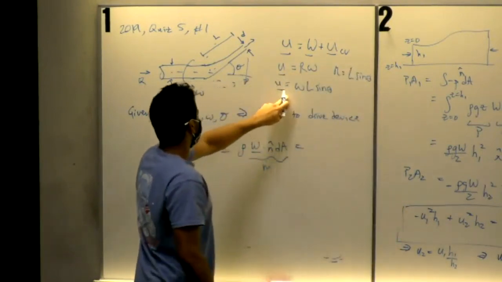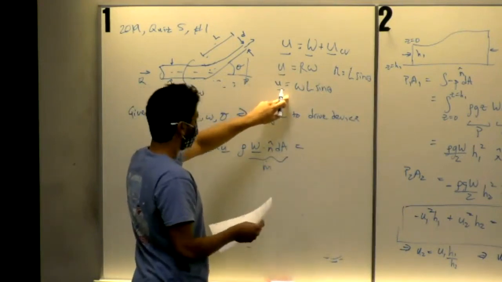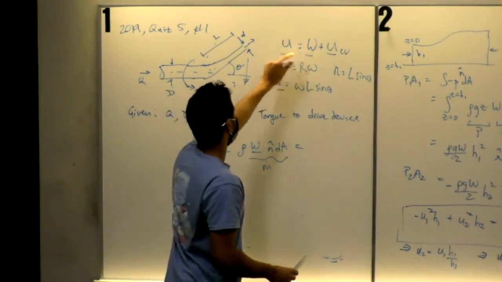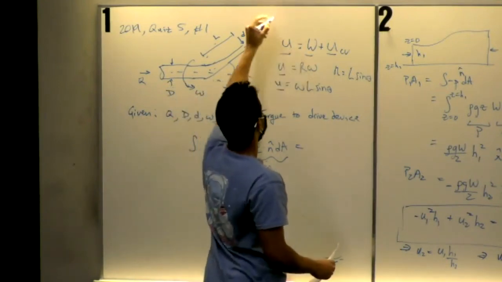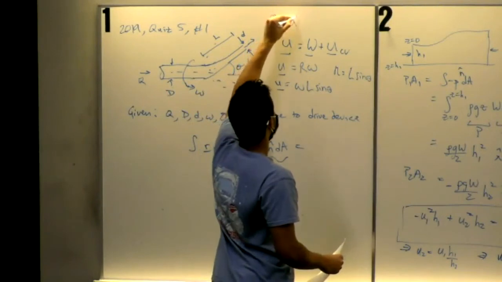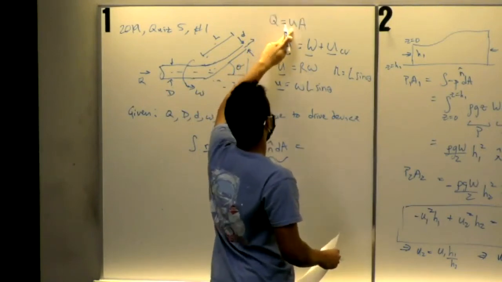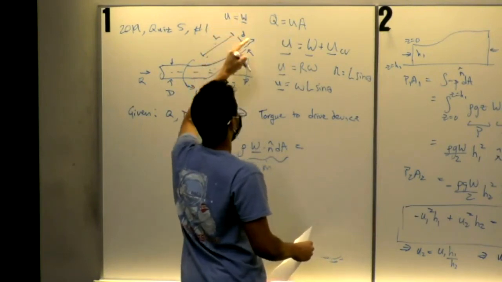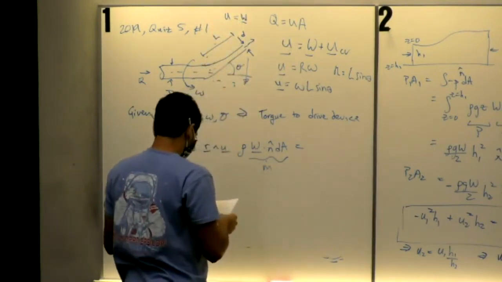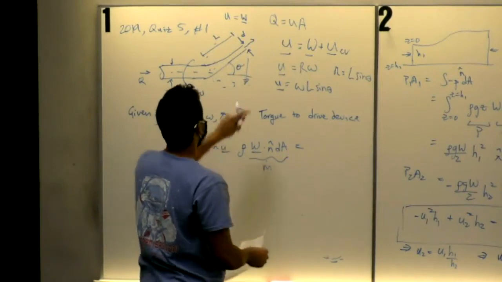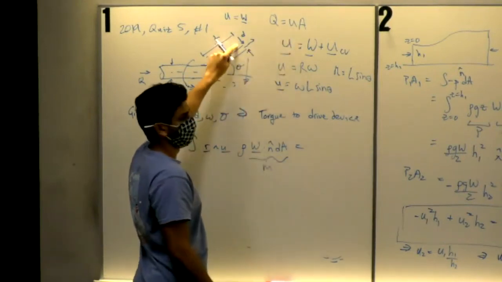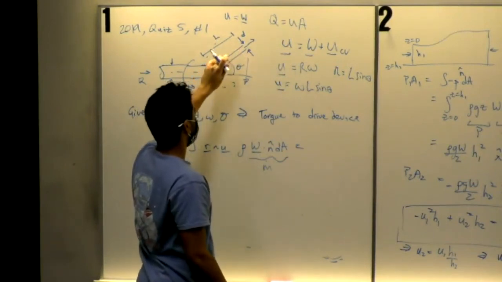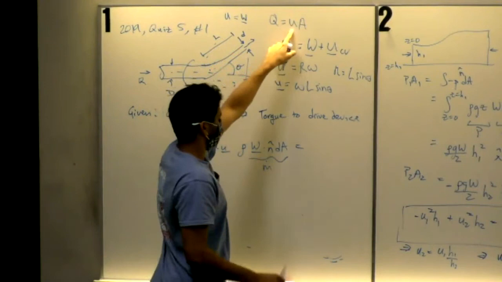And then you also have this W from the flow. So Q equals U times A, but in this case, U is W, the relative velocity. You only care about the fluid that's leaving, so that area would be with the small diameter.